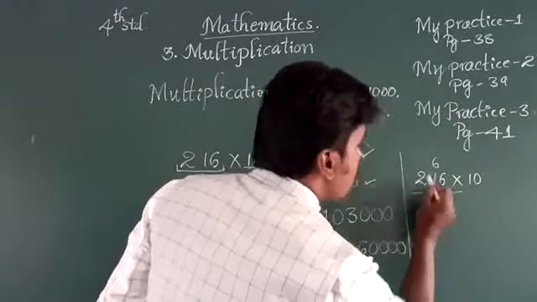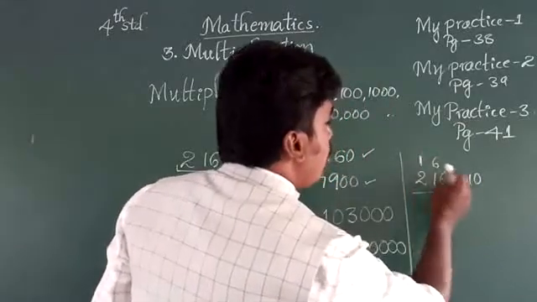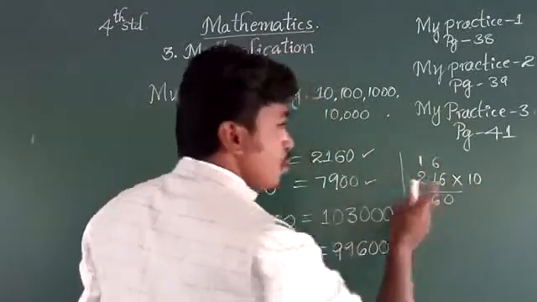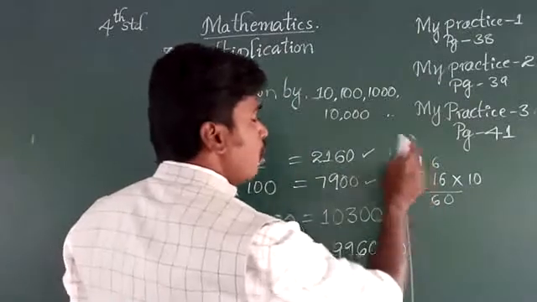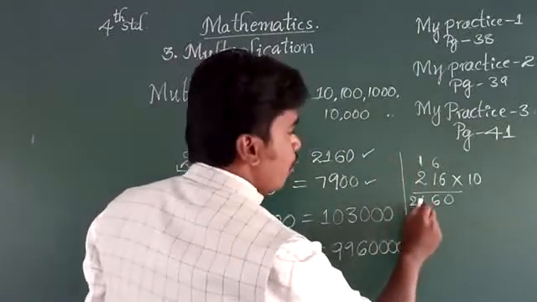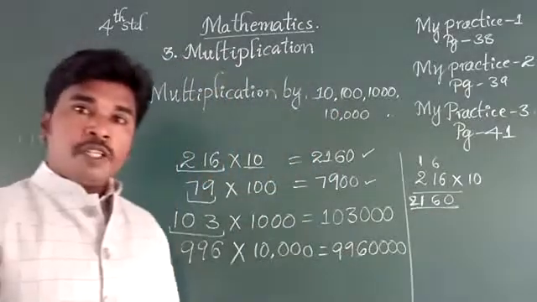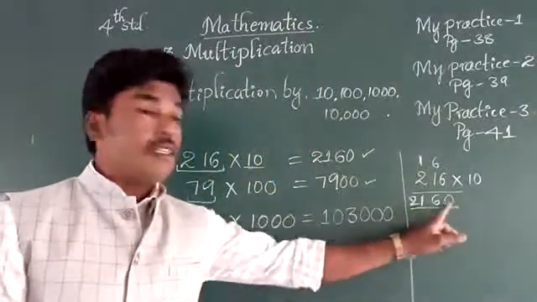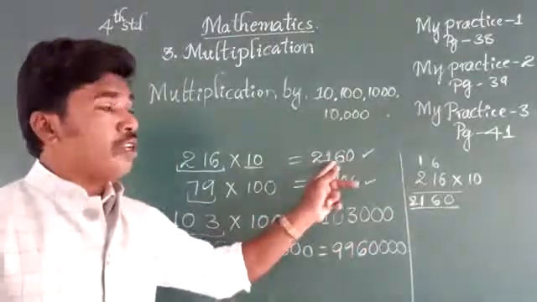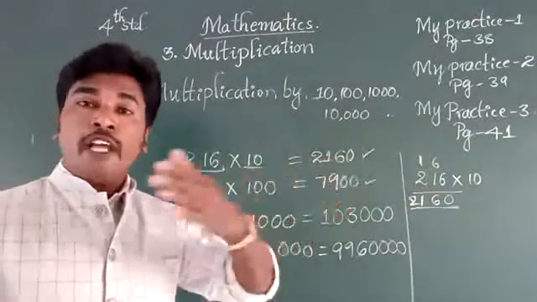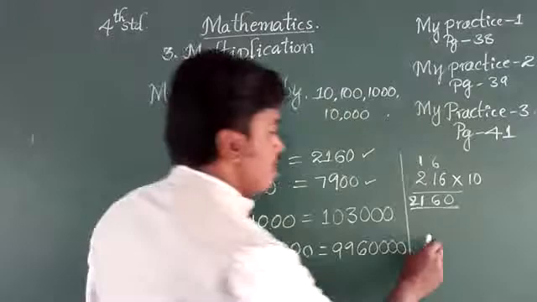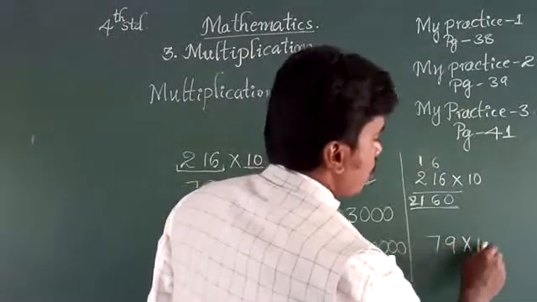Write 6 here, 1 regroup. 10 twos are 20, 20 plus 1 is 21. Have you got the same answer? Yes, students, 2160.